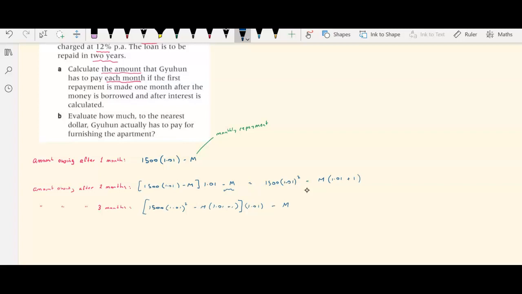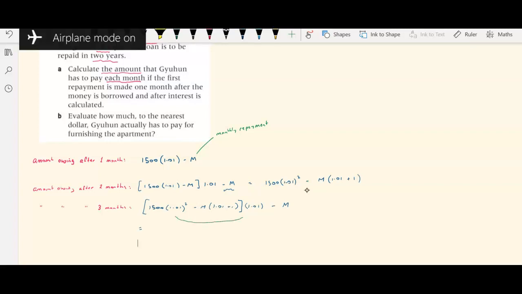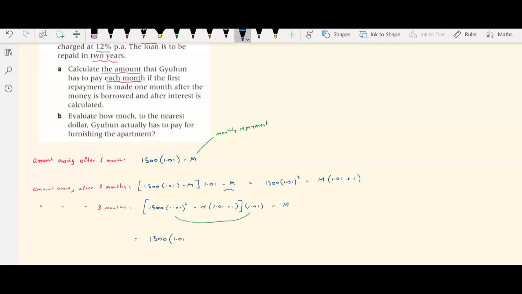Let's have a look at this simplified. I'm going to go down now because I think it's going to be easier to follow. So let's distribute, which means just expand. That first term gets me 1,500 by 1.01 squared times 1.01, which is 1.01 cubed.